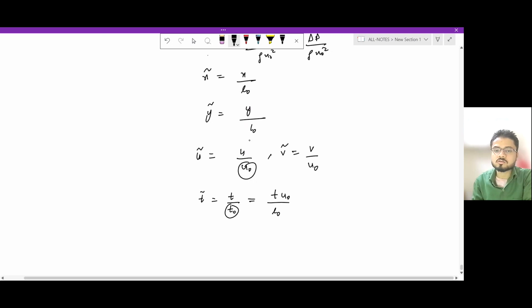Obviously, time can be represented as length divided by speed or velocity. So t naught is L naught by U naught, and t tilde becomes t U naught over L naught.